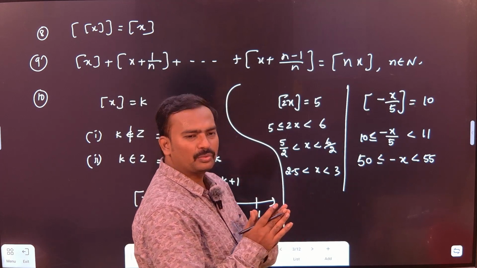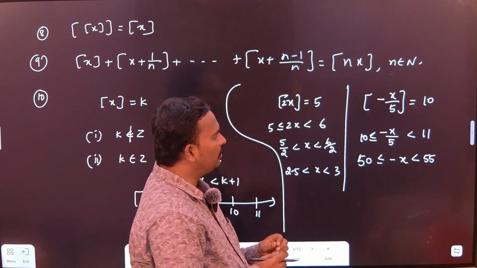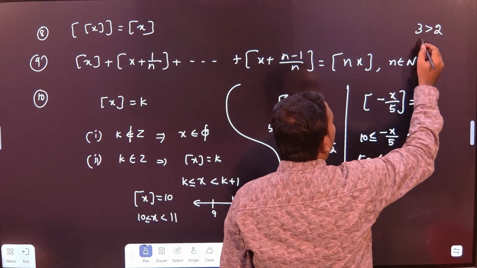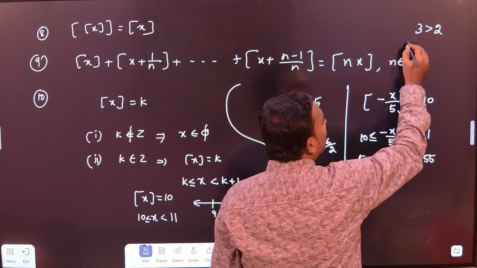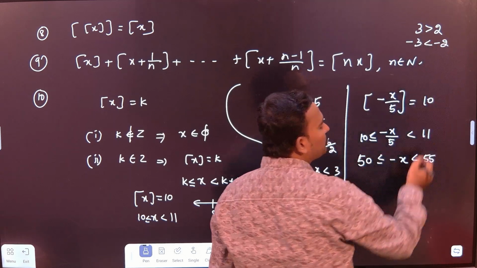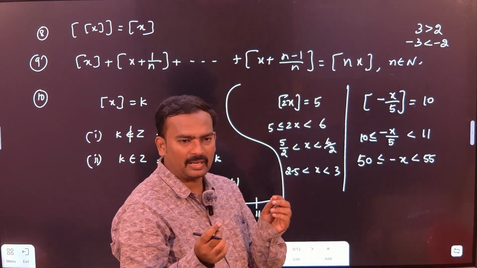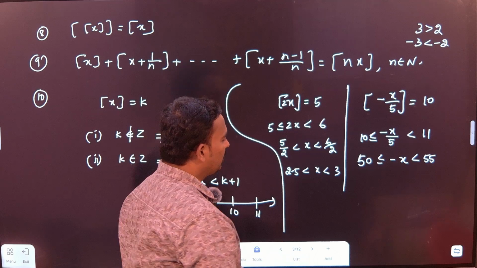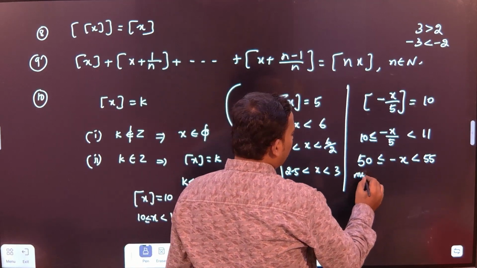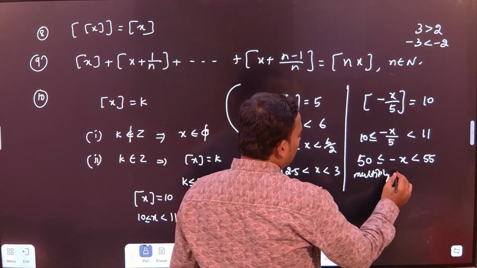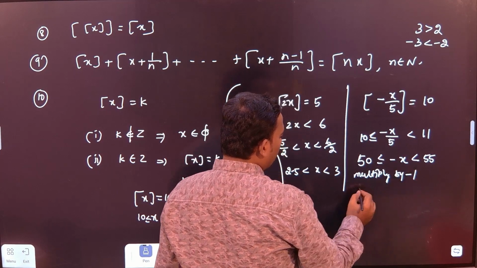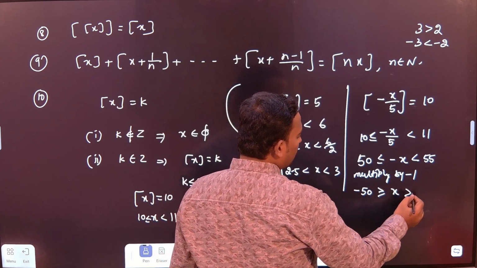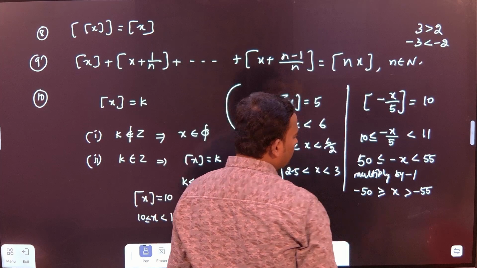Now we need to remove the negative sign. How to remove it? You know that if I take 3 is greater than 2, when you multiply by negative 1, minus 3 should be less than minus 2. So when you multiply by a negative number, the inequality changes. The same way, multiply by minus 1: minus 50 is greater than or equal to x, which is strictly greater than minus 55.